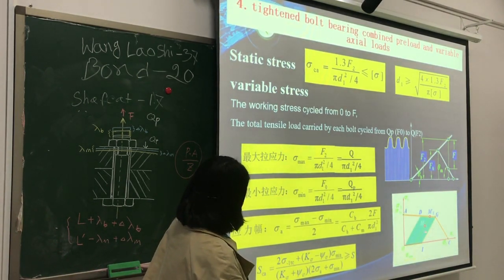When the bolt is in this range, it's safe.